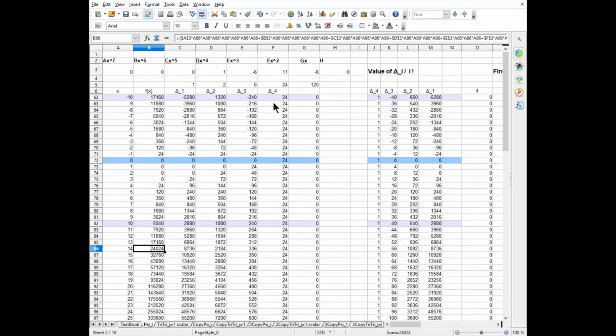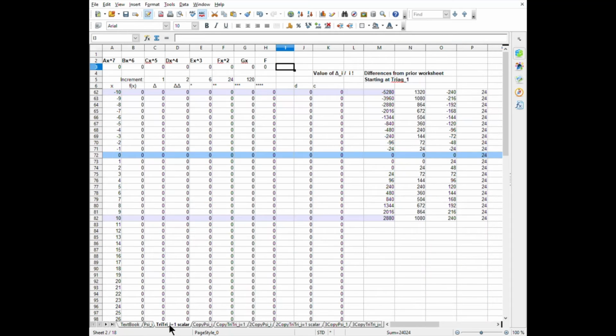Difference polynomials.ods can define the triangle P's. Have a copy of P's differences from prior worksheets starting with triangle 1, and want to fit the differences from high degree to low. Starting with fitting constant equals 24, have third degree term equals 4.